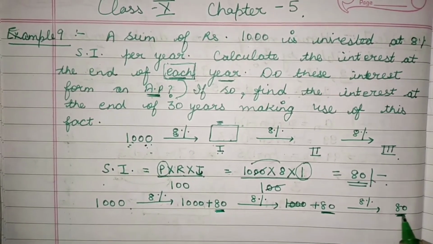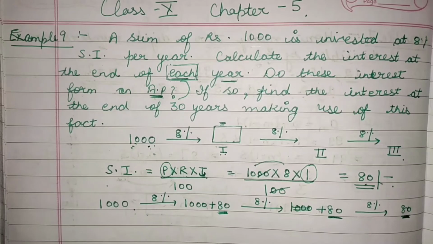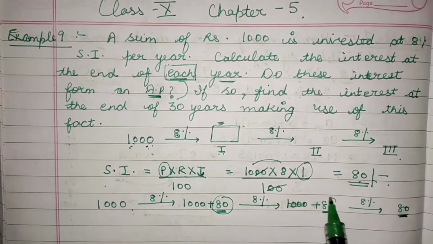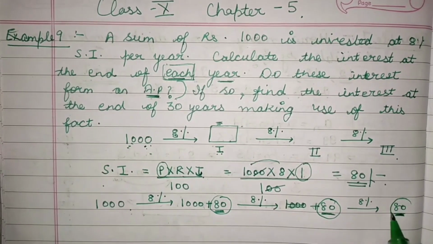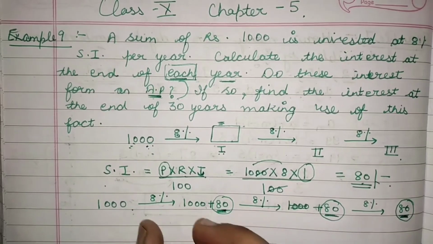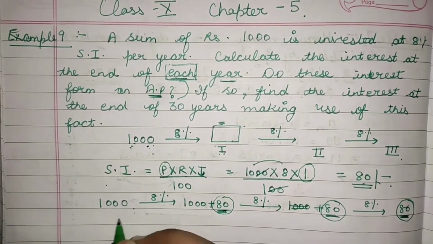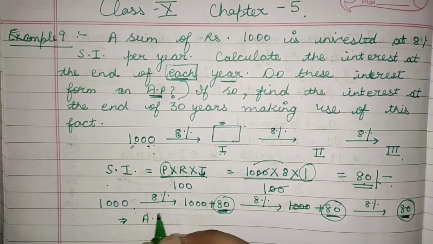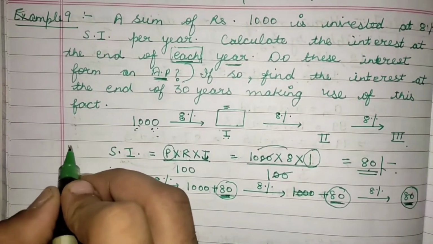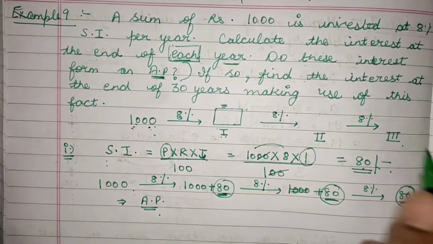The simple interest remains the same after each year. Compound interest changes, but simple interest remains the same after the end of each year. So you can see very clearly that the common difference between each term is going to be the same. So this is an AP. Okay, so the first part was this, that we have to find the simple interest.